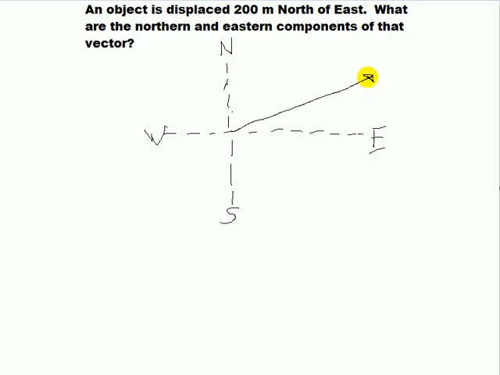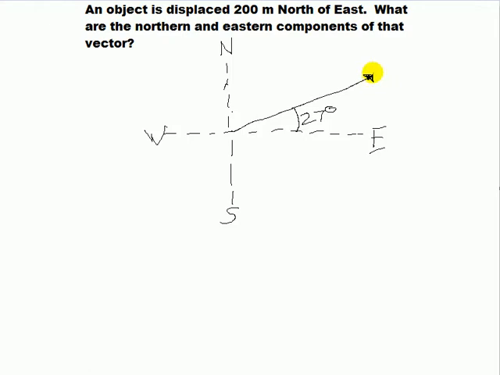And we put an arrowhead on it to indicate the direction, and we have an angle here that is 27 degrees. Right, now we need to find the components of this.